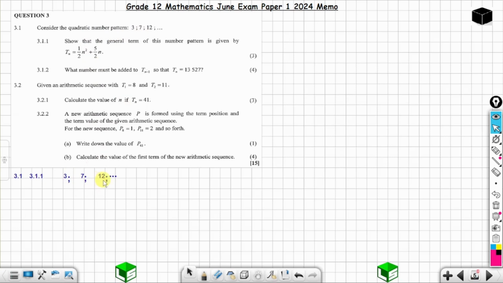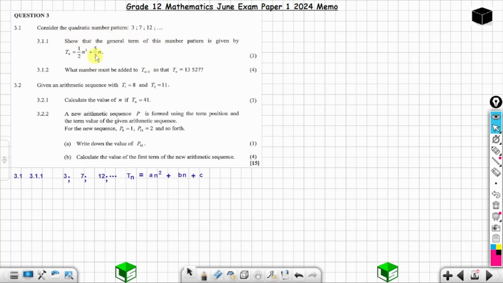So you have to think about this formula, because we are told this is a quadratic number pattern. This is the general formula to find any term of a quadratic number sequence.